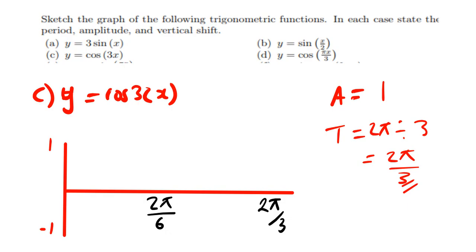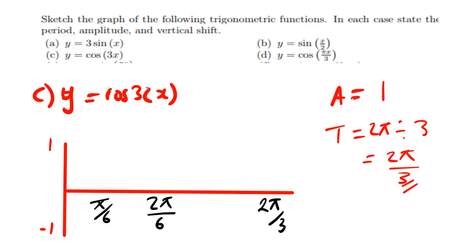Then the half between that and that is 2 pi over 12, but I can simplify this: 2 into 2 is 1, 2 into 12 is 6. So I have pi over 6.